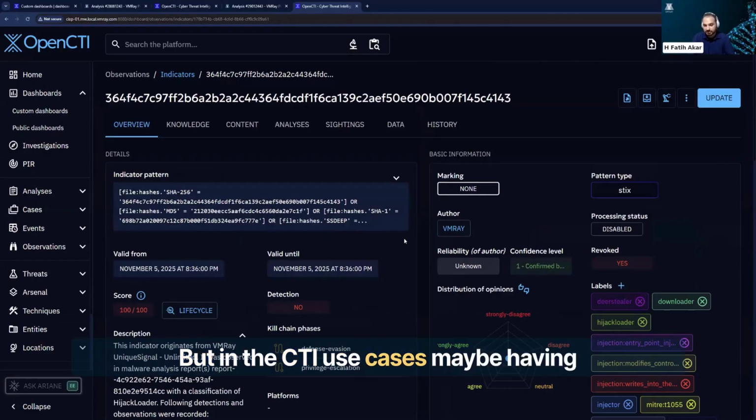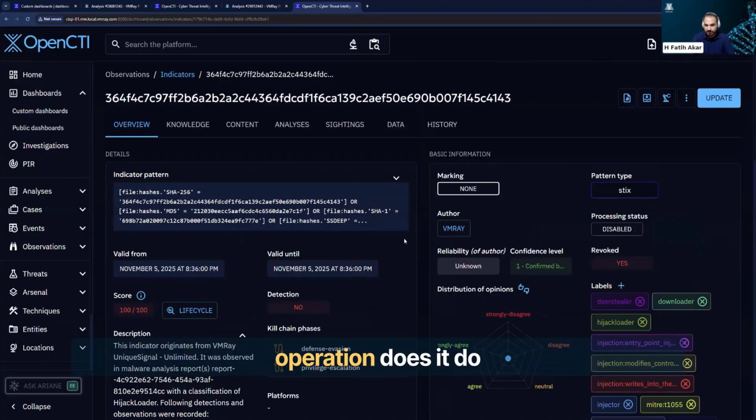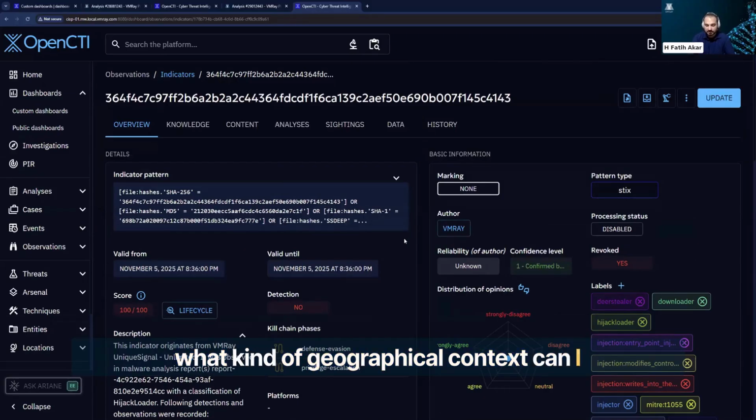But in the CTI use cases, maybe having what malware family it is, what kind of operation it does on a high level, what kind of technique IDs it is related to, what industry it is targeting, and what kind of geographical context I can expect from this is really, really valuable. And when these feeds are operationalized, it will provide its value by giving you a high confidence and a really high and detailed amount of information on a case that is generated by it.